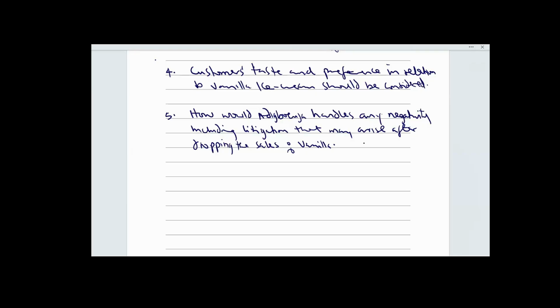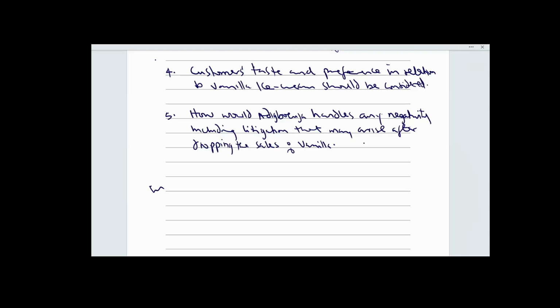Of course, we can also talk about whether the company will incur additional cost, whether it will retrench or redeploy the existing workers that are supporting the vanilla ice cream.